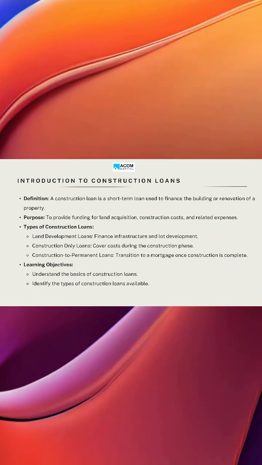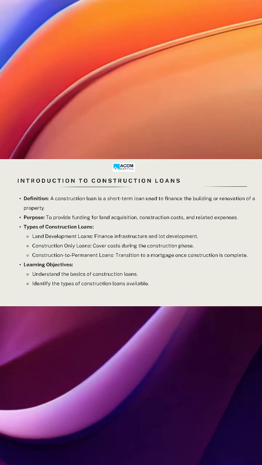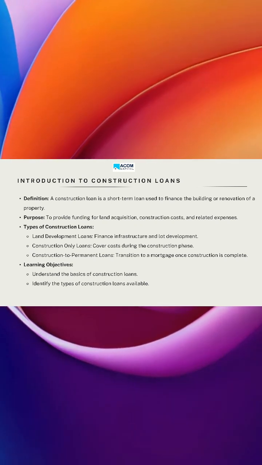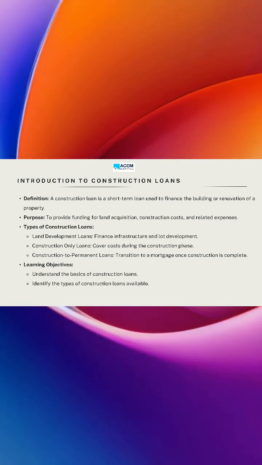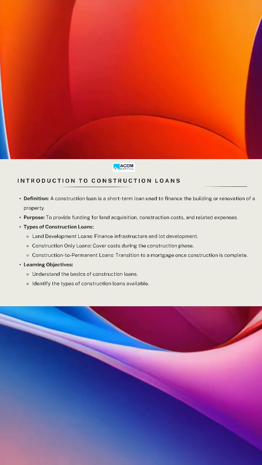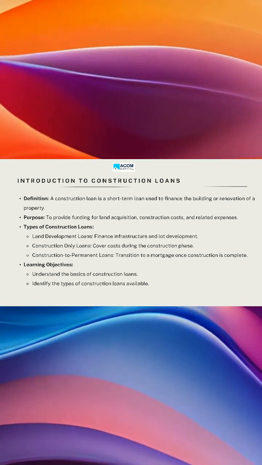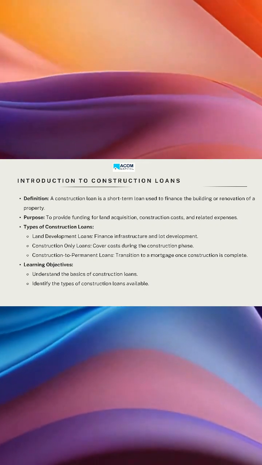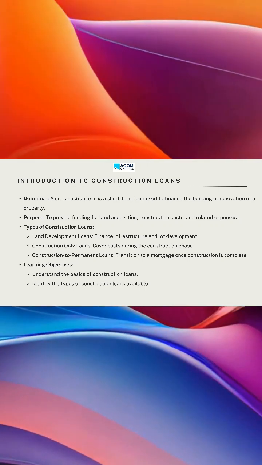The construction only loan, which is a vertical loan, covers the cost of the construction phase. Construction to permanent, that's another thing. When you've completed the project, we have to make sure you have a construction to permanent facility at the end of the construction.